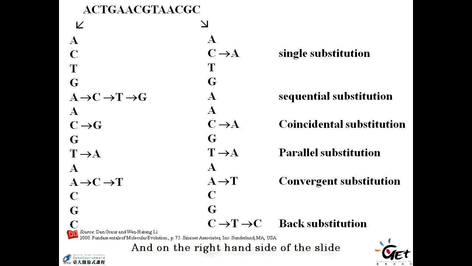On the right-hand side of the slide, we talk about all the different changes. But the important part, as we said at the beginning of this lecture, is that all the changes are not observable at the end point of the sequence.